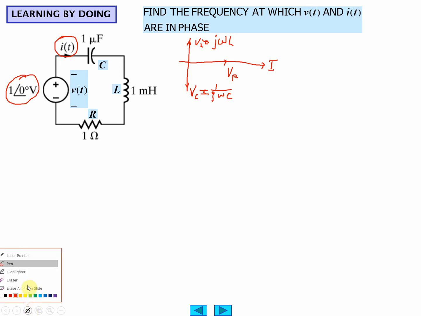That's an artifact of my input device. It does weird things like this. When does that happen? When is VR here in phase with I?